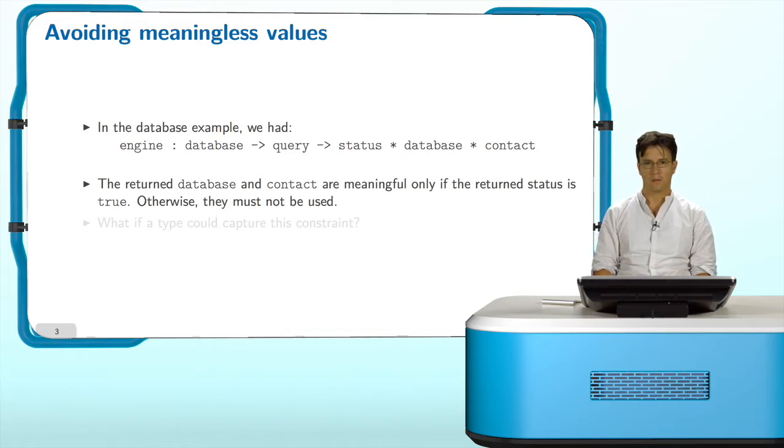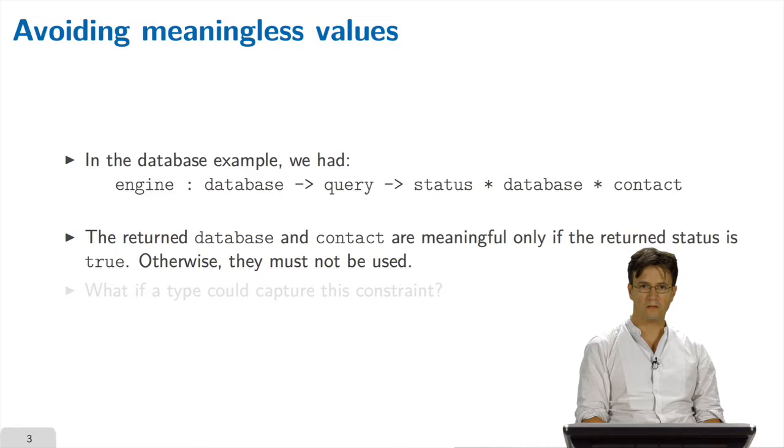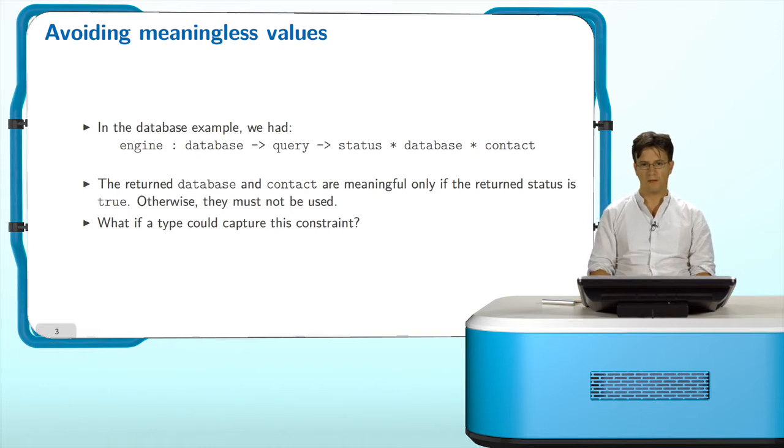Indeed, when you have a query which is an insertion, only the database component is meaningful. If you are looking for some contact, only the second component is meaningful. And if the status is false, then the two other components are meaningless. So can we fix that and find types that could capture this constraint in a better way?